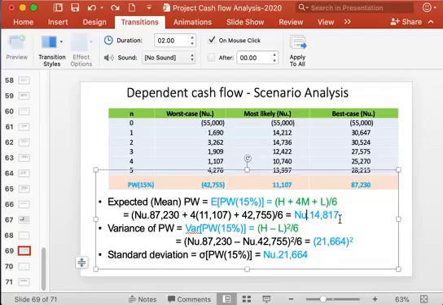So using these two information, the mean and standard deviation, we can assess the probability of these present worth in each case, worst case, most likely, and best case.